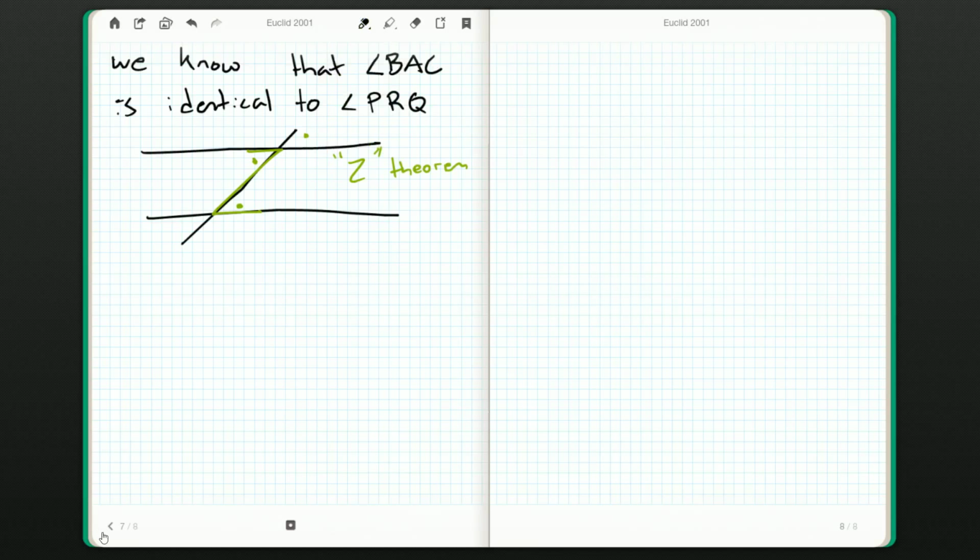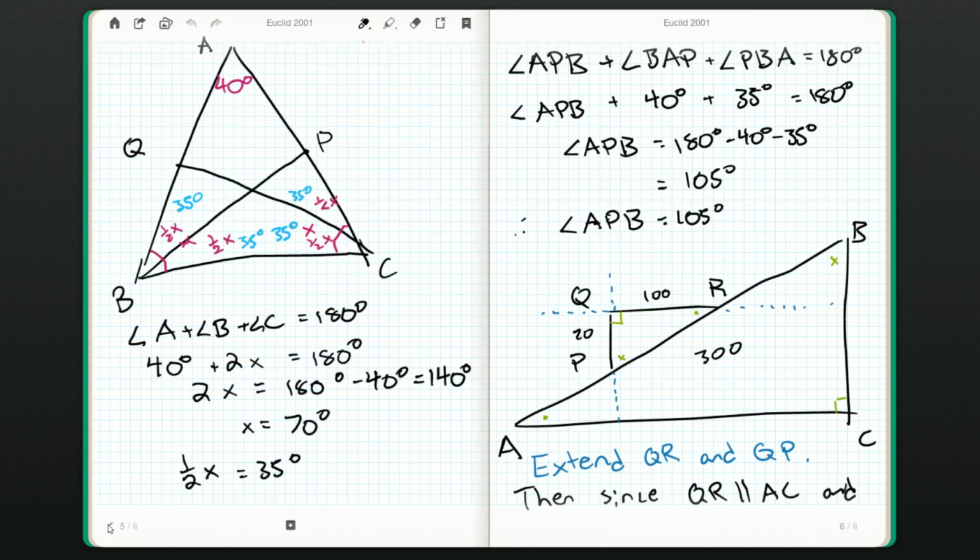But if we look at our bigger picture, here we have QR, and it's making a little Z down here with AC. So now I'm just erasing some extraneous information. We only needed to extend QR. So I'm trying to make my proof a little nicer. Because we have this Z here, because QR is parallel to AC, the line AB is a transversal for both of them.